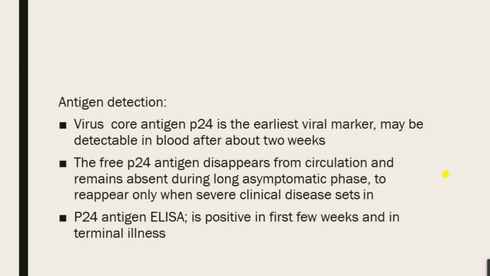P24 antigen will reappear only when severe clinical disease sets in, such as persistent generalized lymphadenopathy or AIDS-related complex. P24 antigen ELISA can be done at this stage, and will be positive in the first few weeks and in terminal illness.